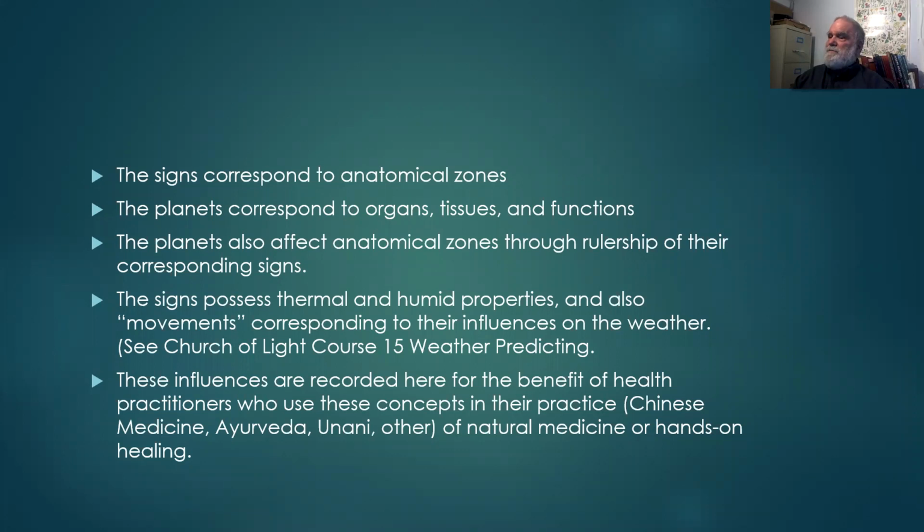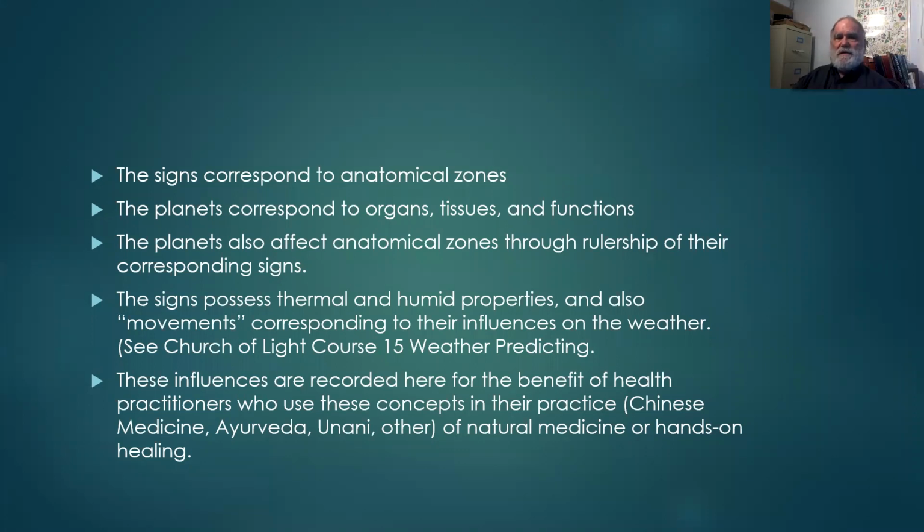Planets may correspond to organs or certain kinds of tissues, like Venus can rule the skin tissue, epithelial tissue, and also functions. Aries may rule the brain, but Mercury may rule the brain functioning, right? We're going to talk more about planets next time.